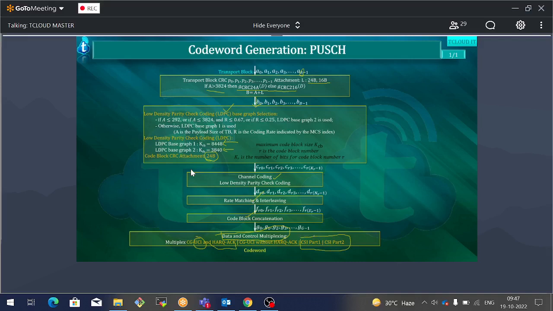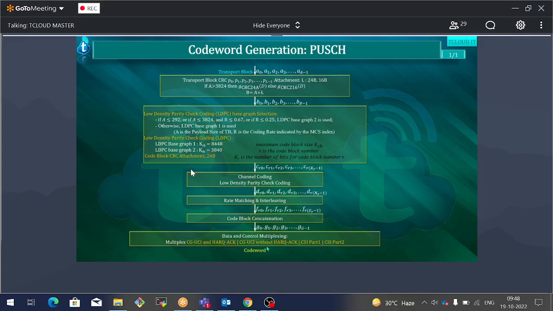Even CSI is considered uplink control information. CSI here stands for channel state information, the one that we have studied for MIMO beamforming. Precoding matrix indicator and rank indicator related things. All right, next.